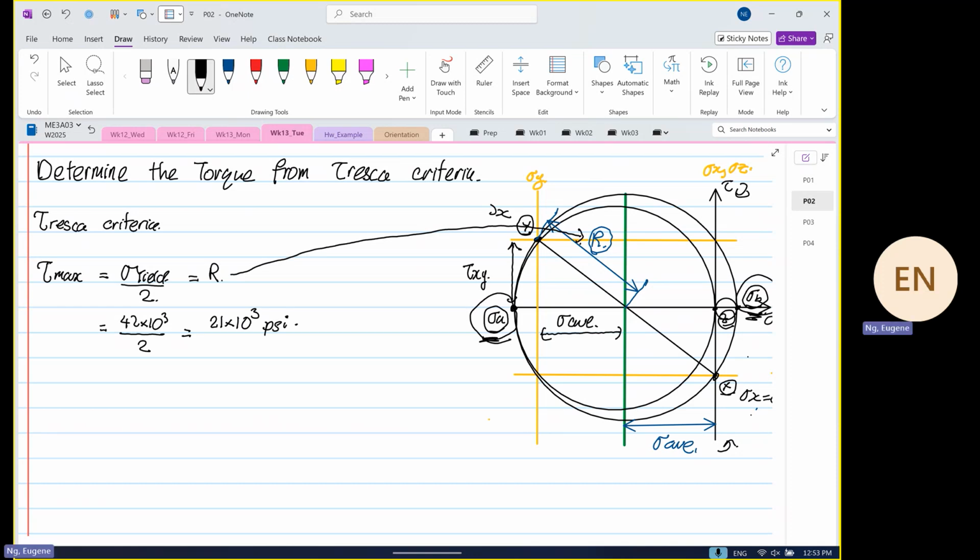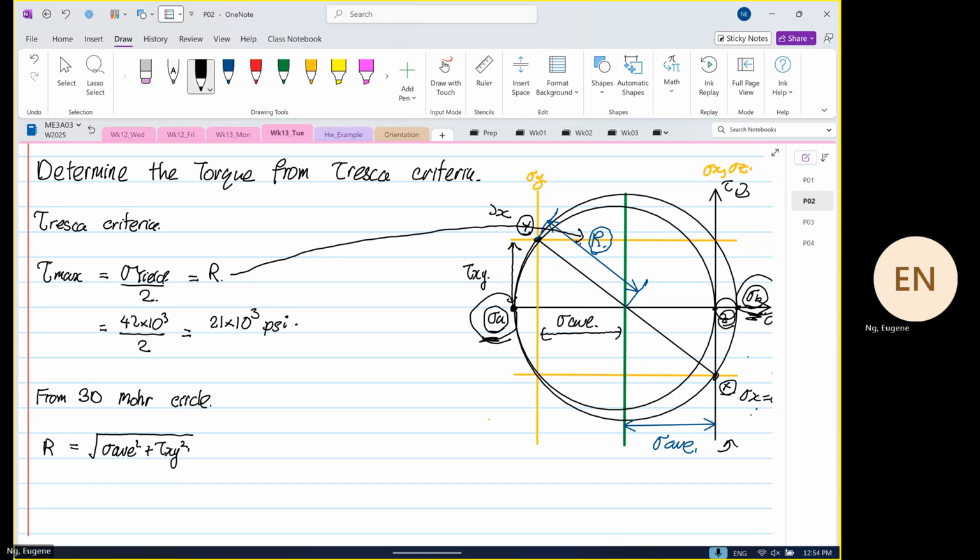So to determine the radius again, from the 3D Mohr's circle, we know that the radius is equal to the square root of stress average squared plus shear xy squared.